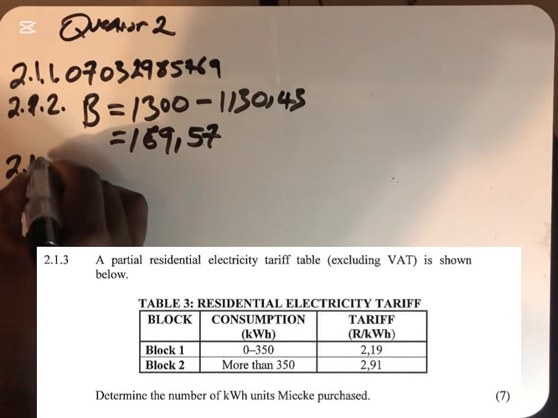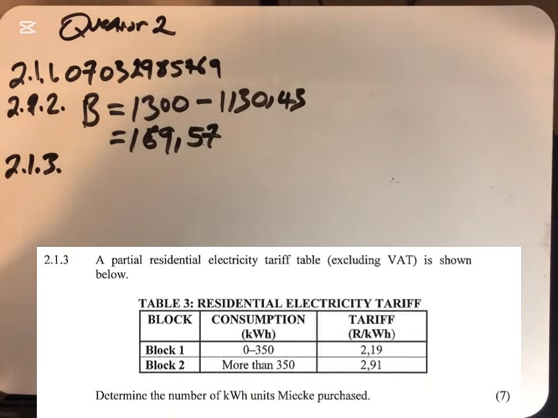Then we move to 2.1.3. It says a partial residential electricity tariff table excluding VAT is shown below. Then determine the number of kilowatt units purchased.